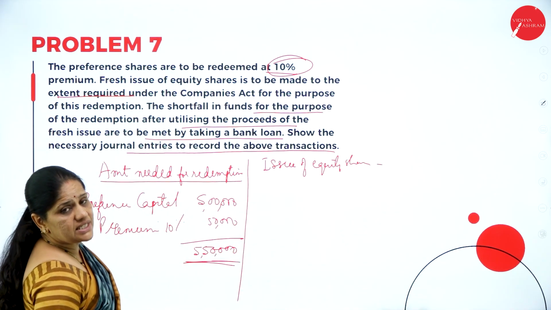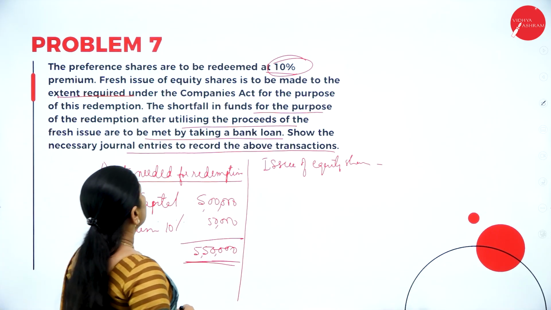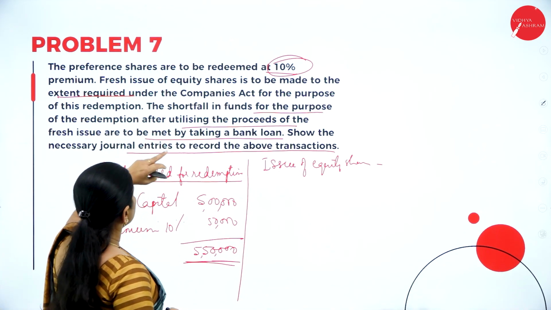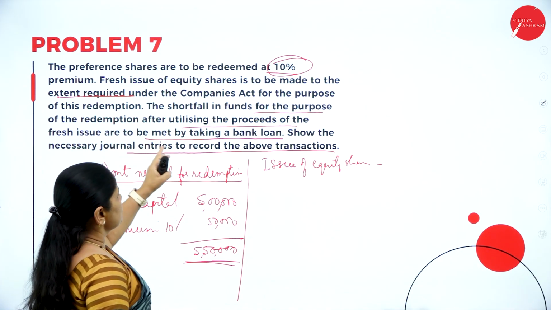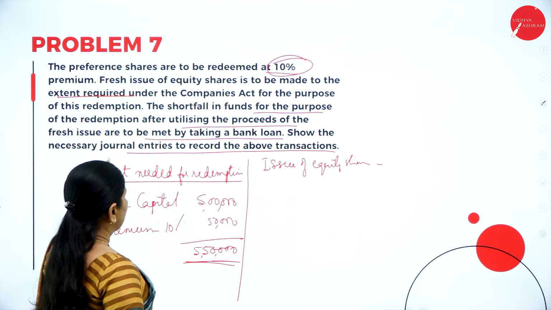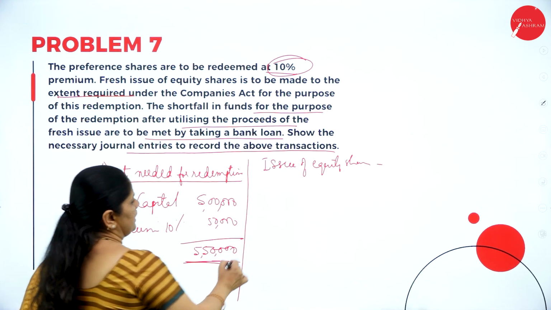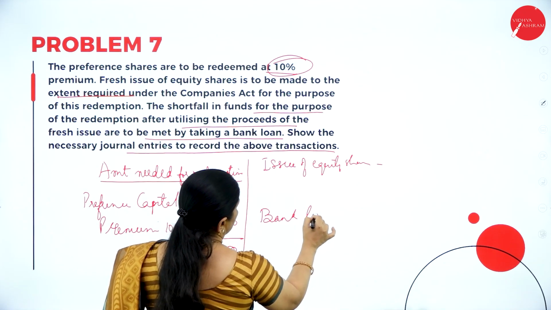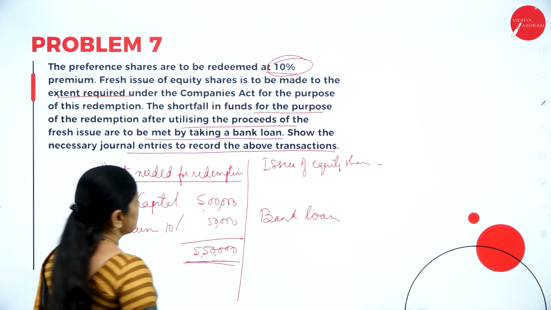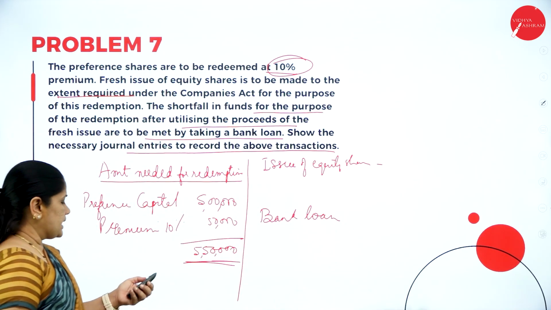How many equity shares have to be issued, we have to find out. The shortfall in the funds for the purpose of redemption after utilizing the proceeds of fresh issue is to be met by taking a bank loan. So after that they have to take a bank loan. Show the journal entries in the books of the above transactions.